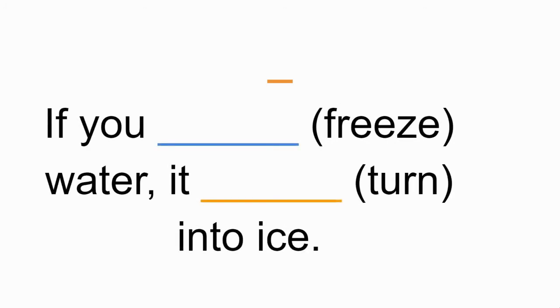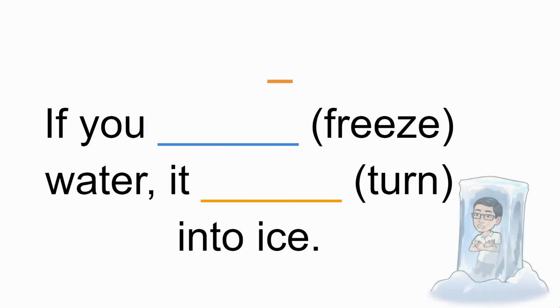As you can see, this is an example of a zero conditional sentence. The task is to identify the correct form of the verb that we will use. Let's read this sentence: If you blank freeze water, it blank turn into ice. For the if clause, we have two choices: freeze or freezes.